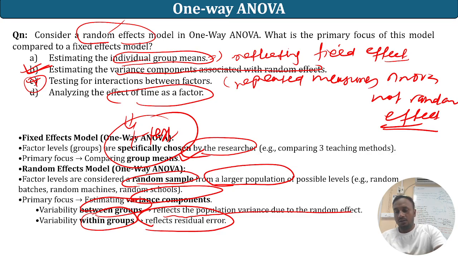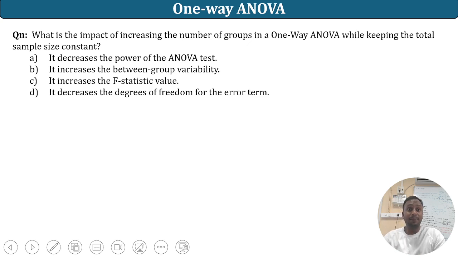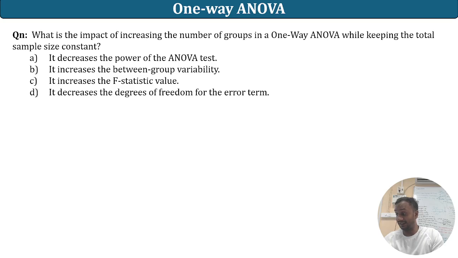Yes, sir. Now we have the next question. What is the impact of increasing the number of groups in a one-way ANOVA while keeping the total sample size constant? Again, some sort of tricky question.